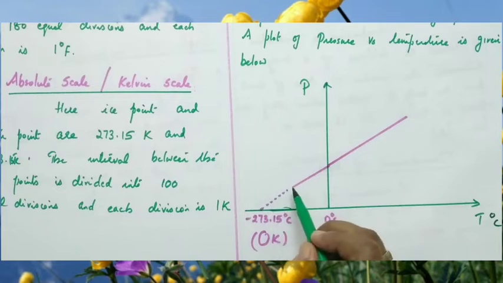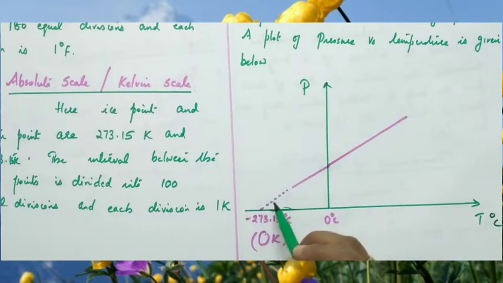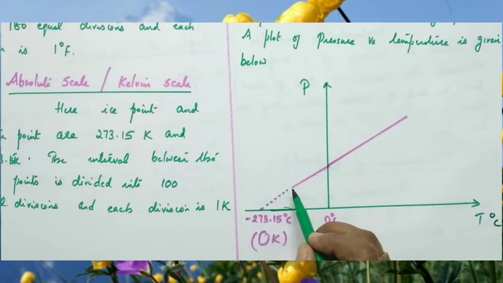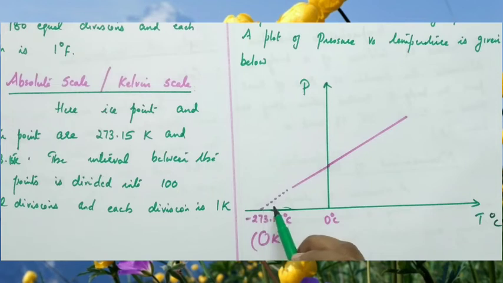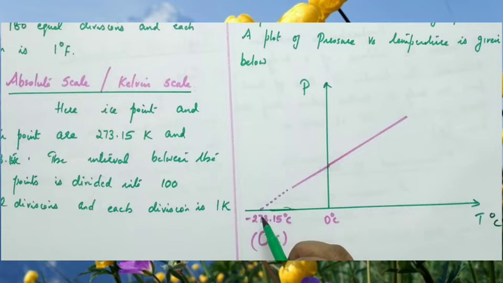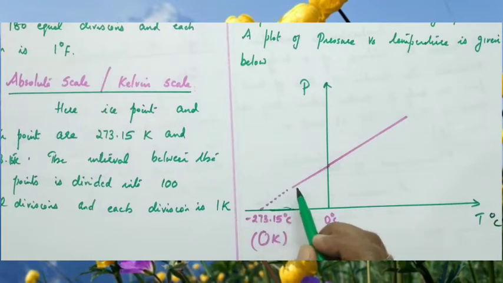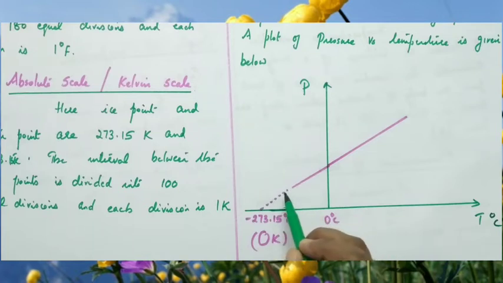Below that, if you extrapolate, you have to represent it by a dotted line, because beyond minus 100 degrees Celsius the temperature is not yet achieved. So up to minus 100 degrees Celsius use a solid line, and after that use dotted lines. Okay children.